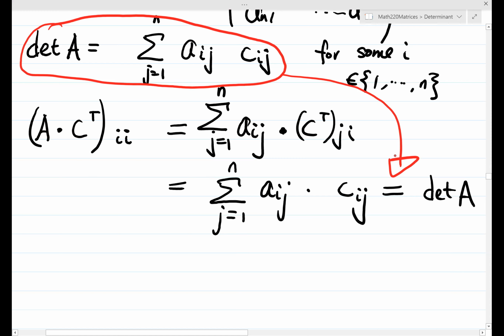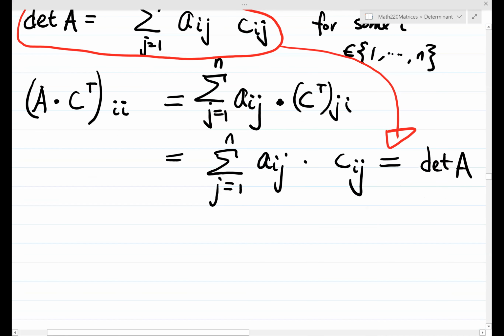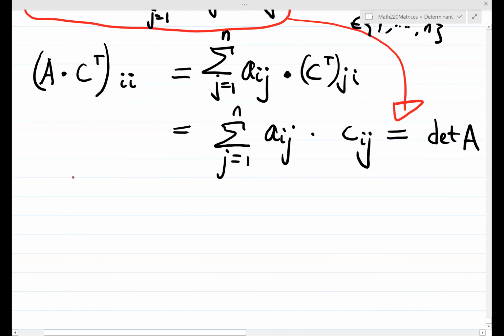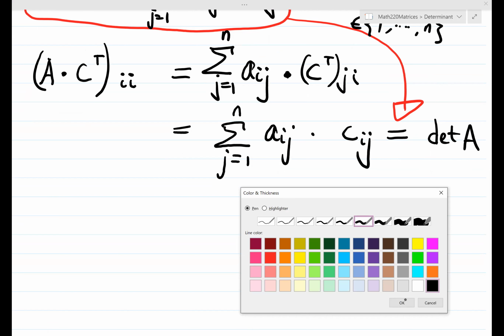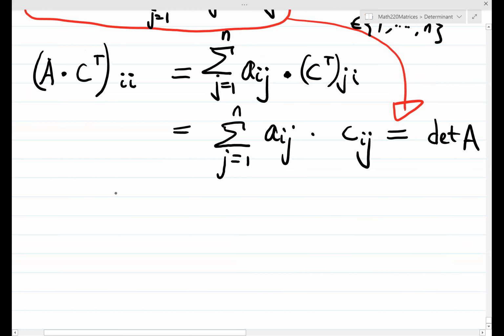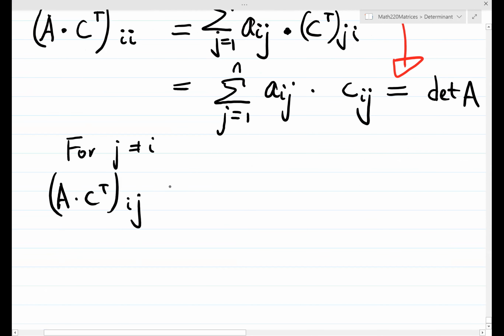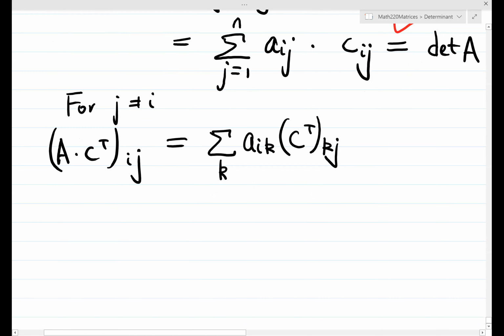Now let's look at the off-diagonal entries of A times C transpose, for j not equal to i. The ij entry is the sum over k of Aik times C transpose kj.